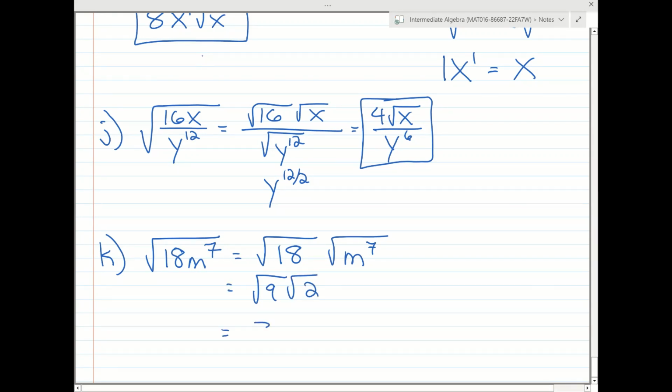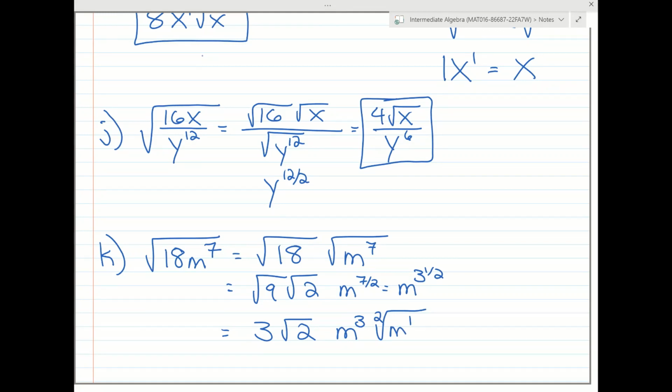So this would just be 3 root 2. That's what the square root of 18 is. Square root of m to the 7th is m to the 7 over 2, or 3 1/2, which, putting the numbers where I told you, would be m to the 3rd times the square root of m to the 1st.